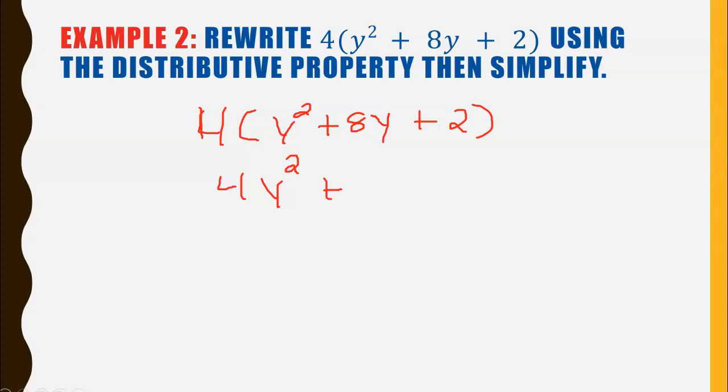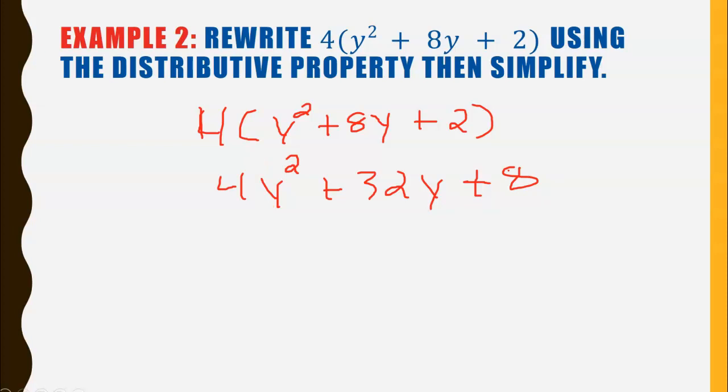Times 8. Another helper? No more parentheses. All right. So that's okay. Everything was perfect till she added in the parentheses, and that's kind of why I want to do this with you, right?